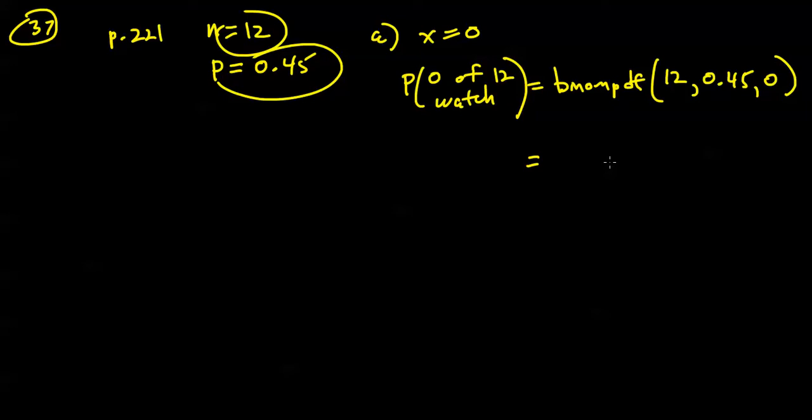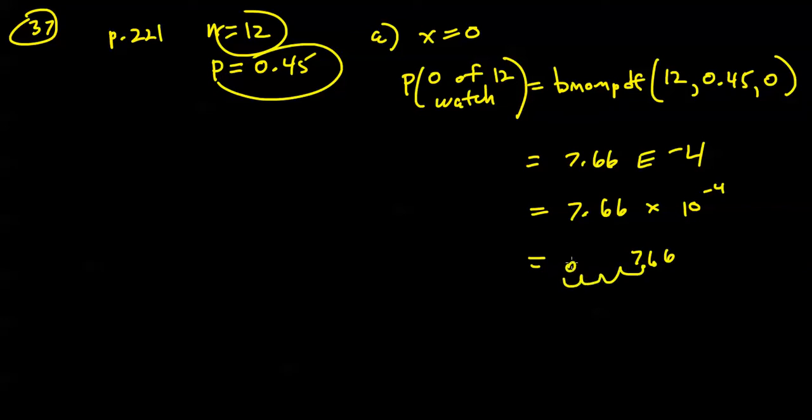If I punch this out on my calculator, my calculator says 7.66 e minus 4. Remember, in scientific notation, that's 7.66 times 10 to the minus 4 power, and all that means is you take 7.66 and move the decimal place 4 places to the left, and I can rewrite that as 0.000766.